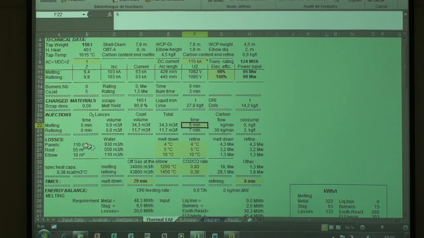With the furnace diameter and panel height, I am able to calculate the panel area. F5, this is the furnace diameter. So it's pi times diameter plus 2 times D6. D6 is the OBT.